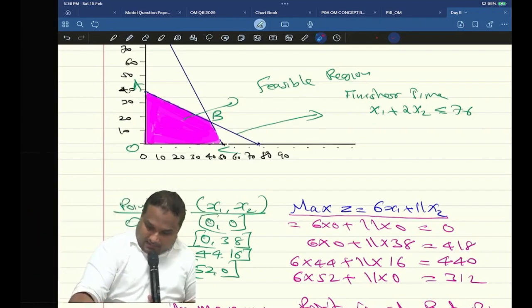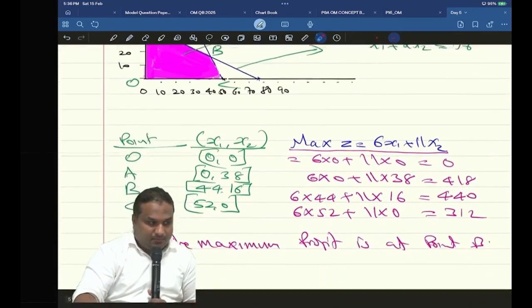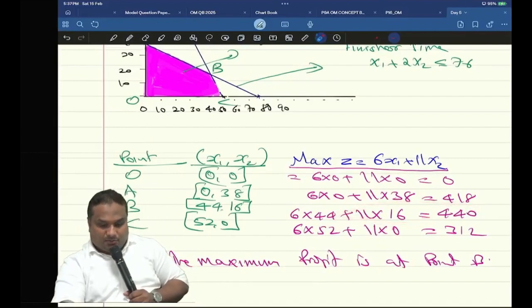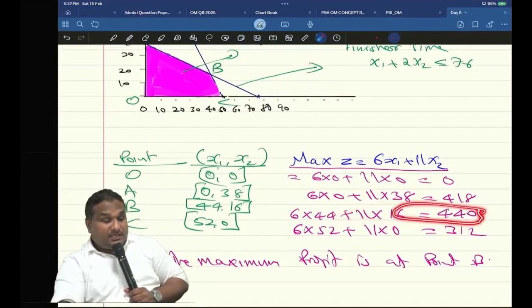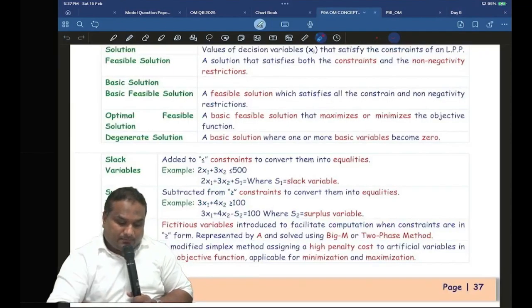Now, among the answers, if it is a profit related question, the one having the highest profit is called the optimal solution. What is that? Optimal.